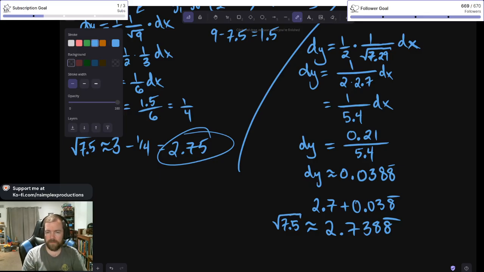Pretty decent. Again, it's not great, it's not perfect, but it's going to get closer and closer as we pick values that are more and more close to 7.5.